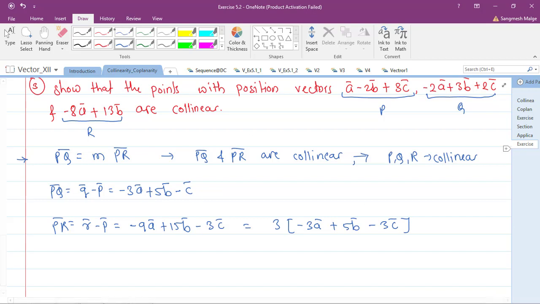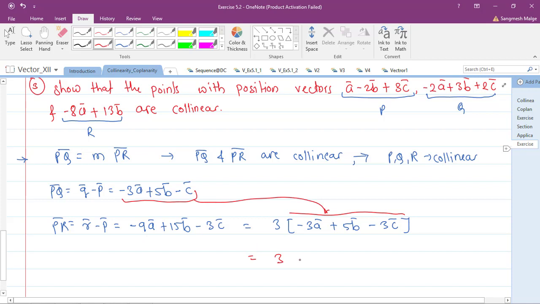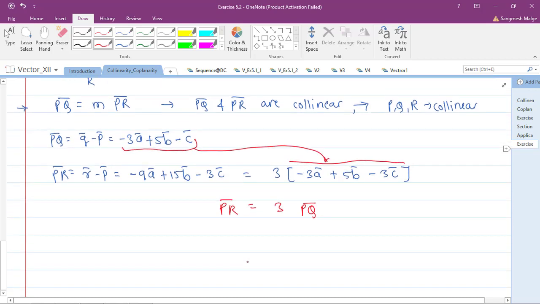If you observe very carefully, this whole bracket is nothing but 3 into PQ bar. Can I write that? Yes. So PR bar is equal to 3 into PQ bar. One vector is a scalar multiple of the other.